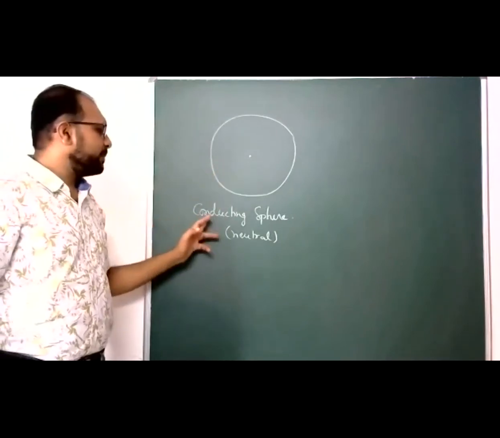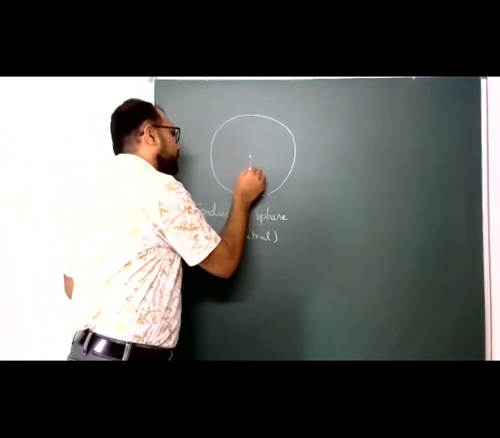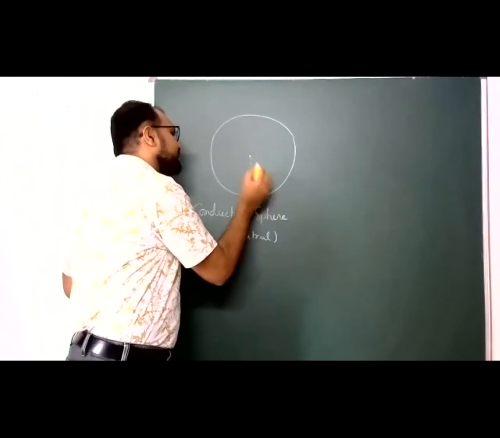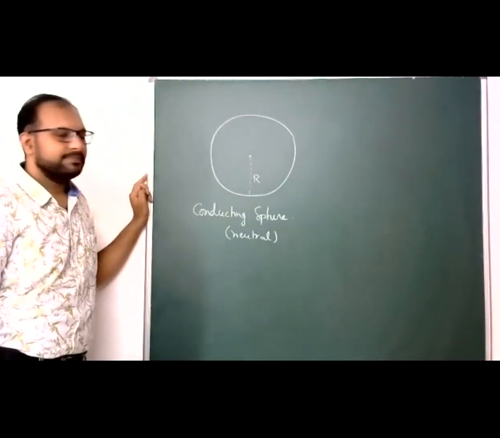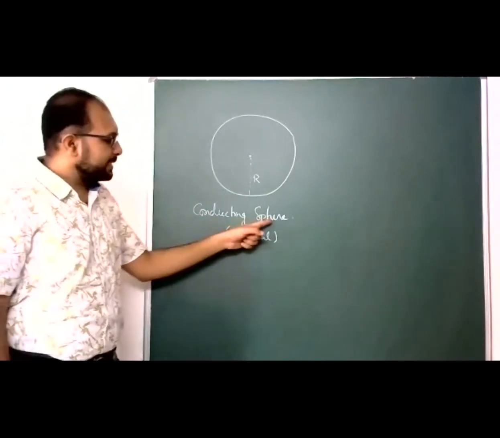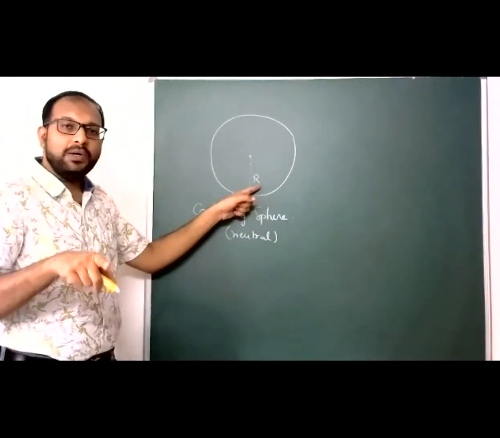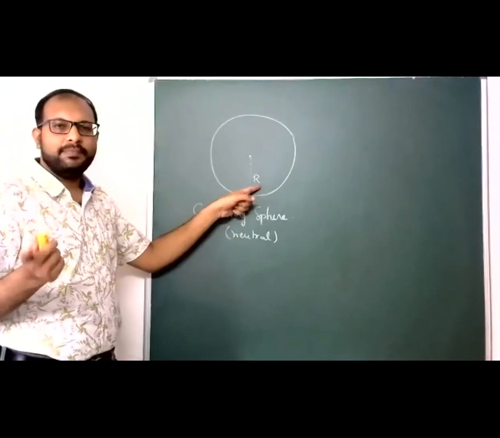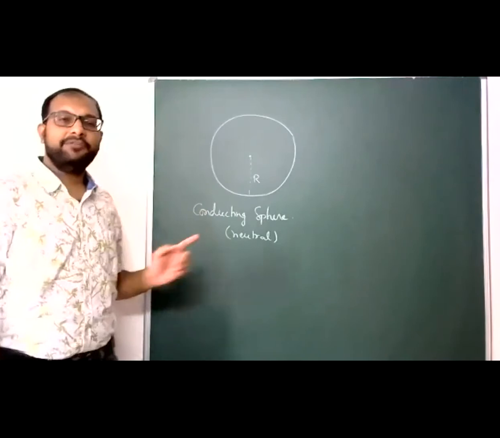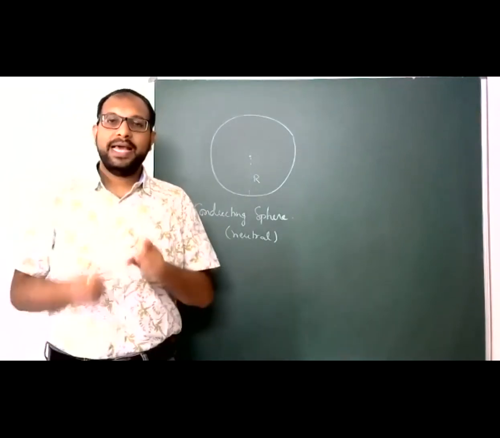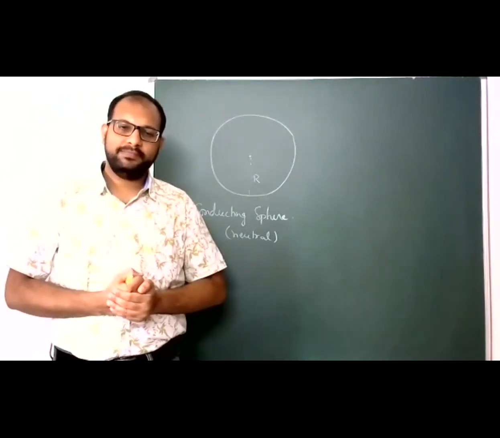Neutral conducting sphere I have taken. Its radius is capital R. This conducting sphere may be hollow or may be solid. All are the same concept. But that should be conducting.